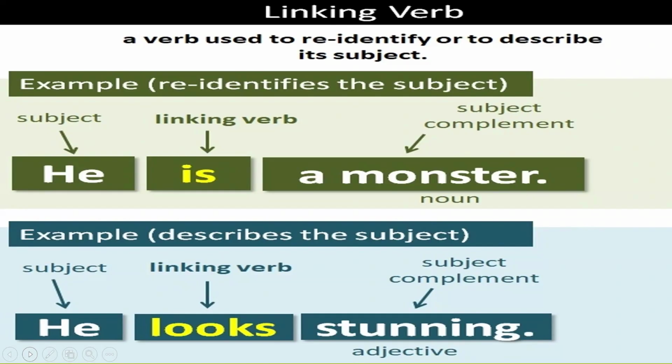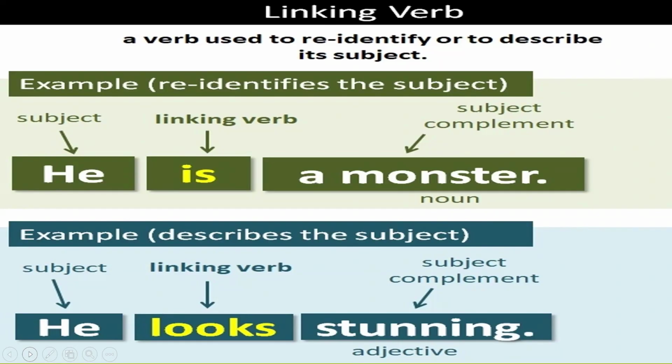He looks stunning. In this case, he is the subject, looks is the linking verb, and stunning is the subject complement, describing the noun he. So stunning is an adjective.